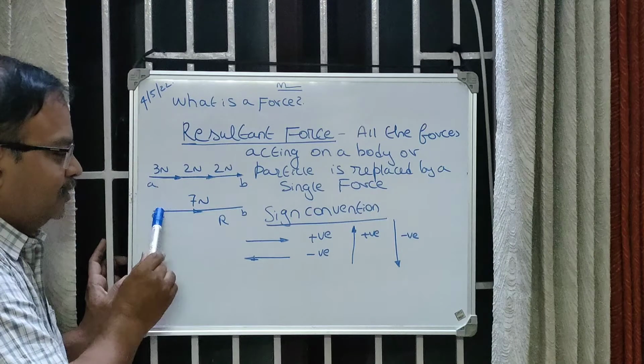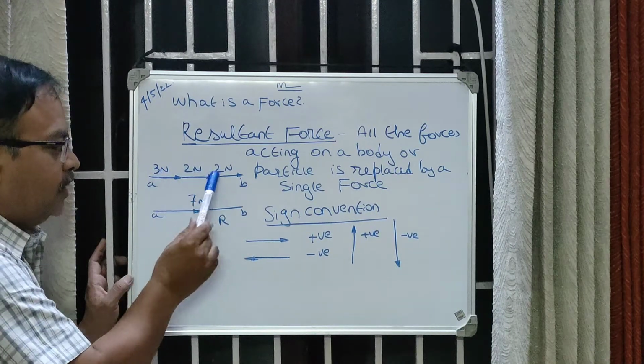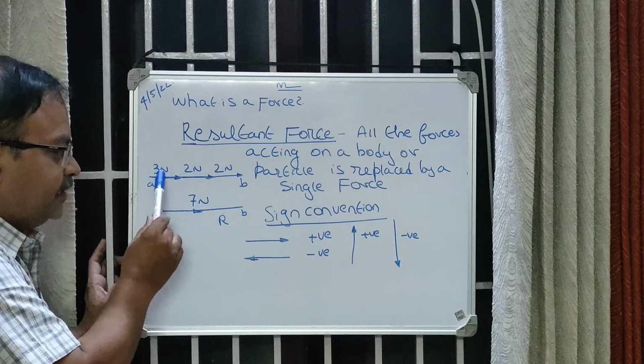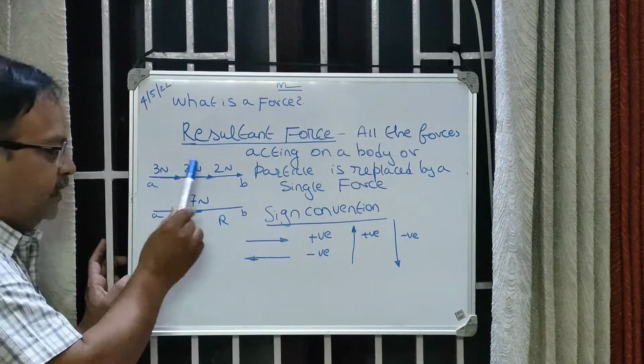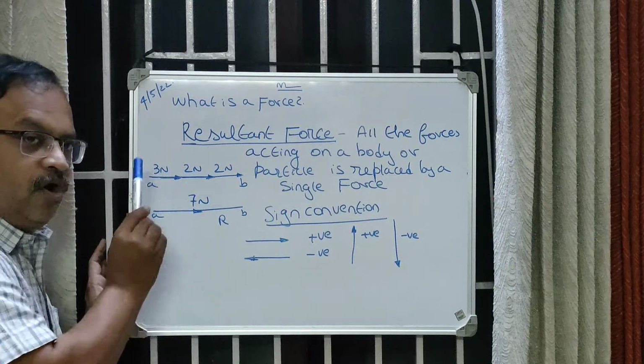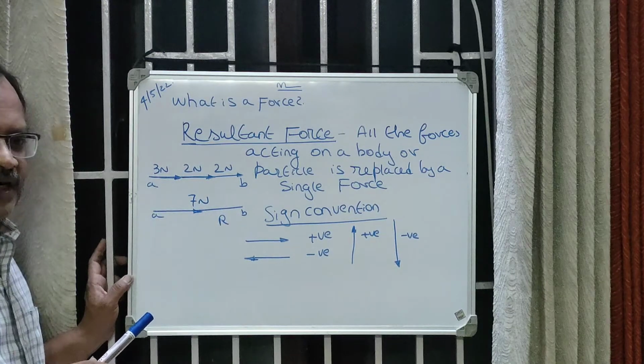So this is a single force which is used for replacing all the other three forces, and the effect produced by the single force is the same as that of all the three forces. Then this single force is called the resultant force.